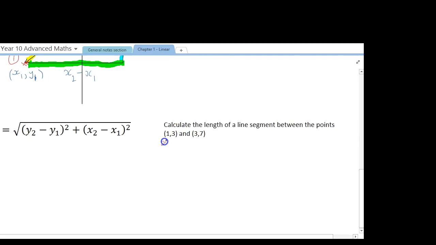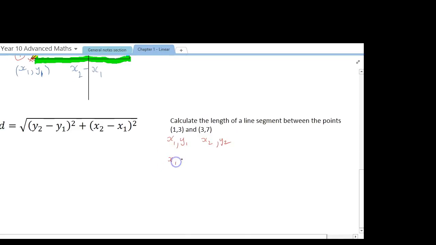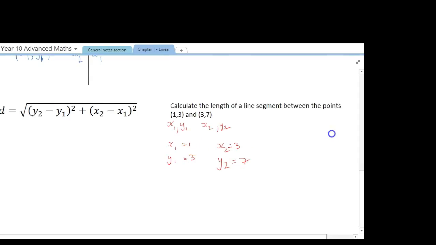We'll call this x1, y1, and we'll call this x2, y2. So x1 is equal to 1, y1 is equal to 3, x2 is equal to 3, and y2 is equal to 7.